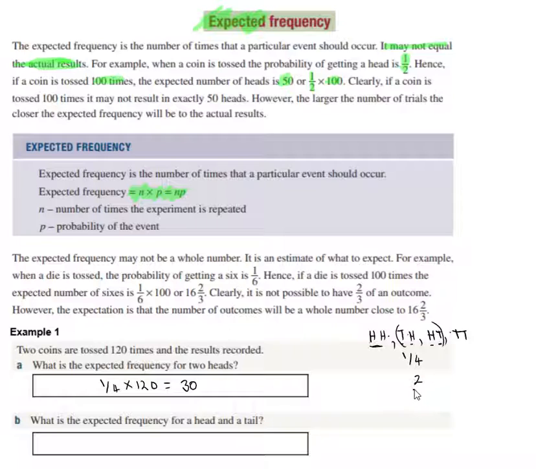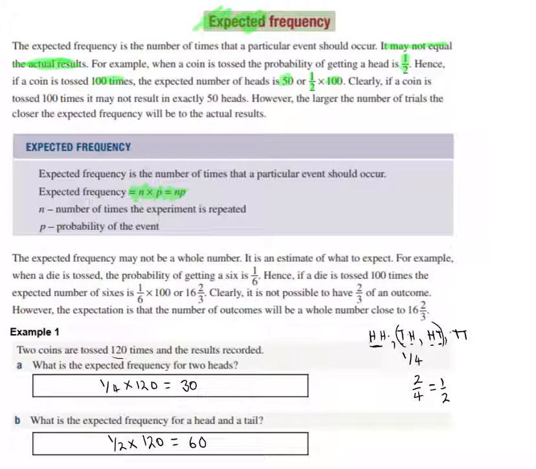So 2 out of 4 would be our probability of a head and a tail, which we can simplify to a half. So then we have a half times how many times we are doing the experiment. We're doing it 120 times. So it's a half times 120 equals 60. So the expected frequency for a head and a tail in this experiment would be 60.